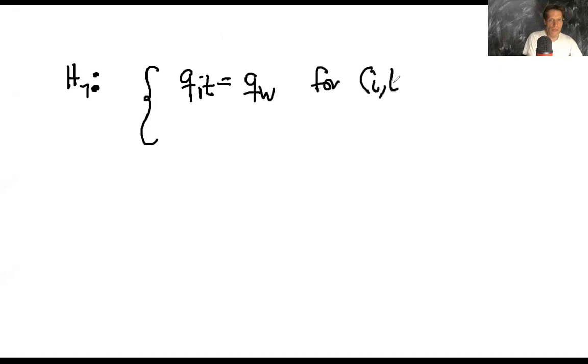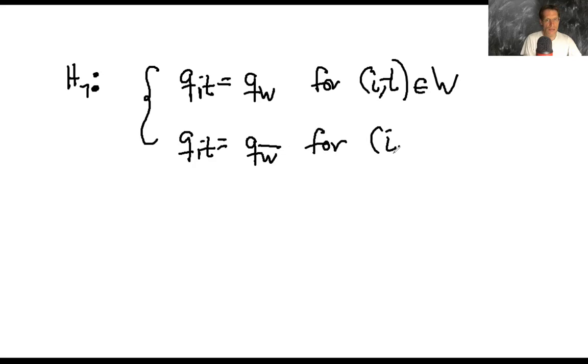So you could say our H1, our alternative, is something where we have that q_it is equal to the same overall parameter q_W for regions and time points within our particular window, and q_it will be q bar, which means the complement set of W, for i,t in W bar, right? So that will be our alternative hypothesis.